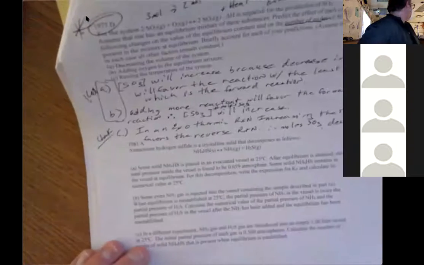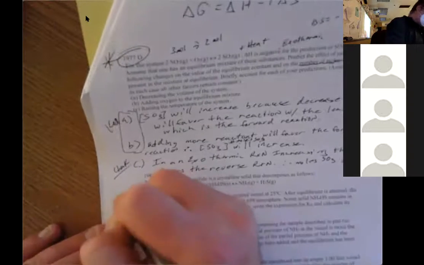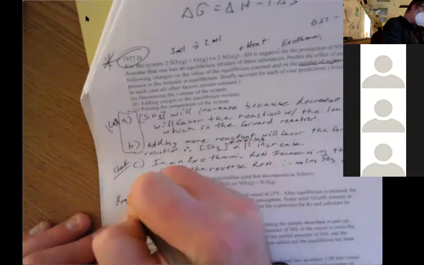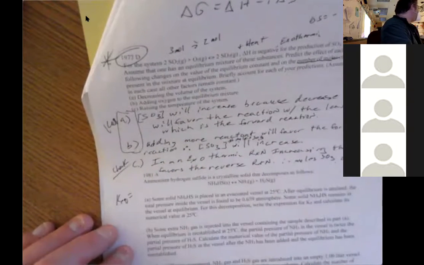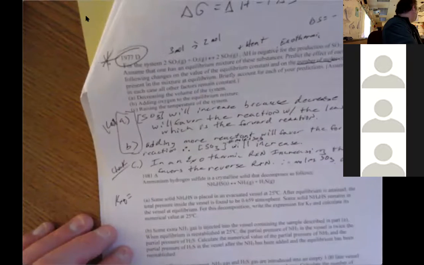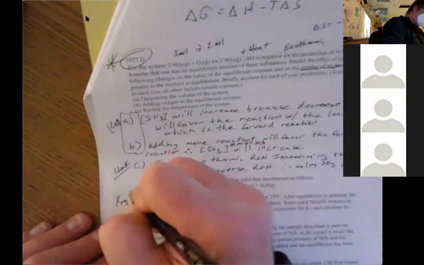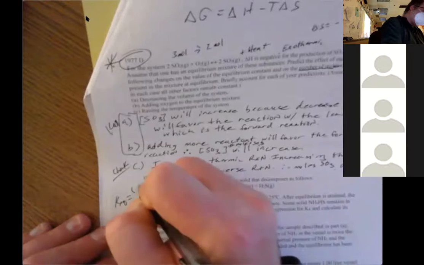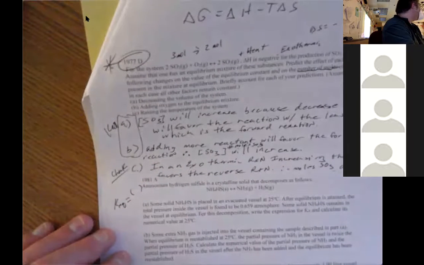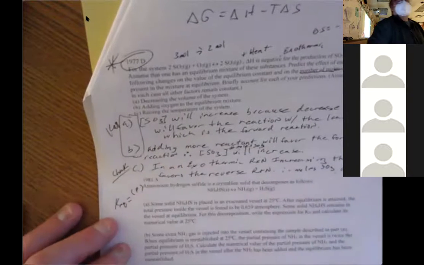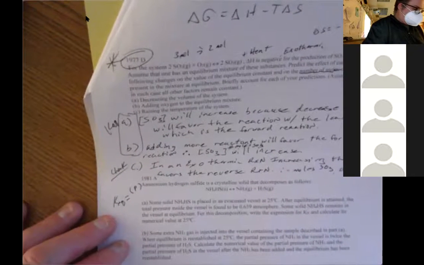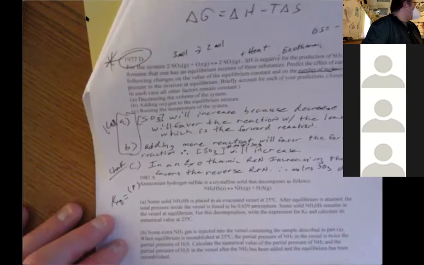This is one thing that we haven't dealt with very much, and that's using pressures with K. The key thing is that when you write your K sub EQ, and I know this seems silly to me too, instead of using brackets, because brackets in chemistry show concentration, when you use pressures you should use parentheses instead. Other than that, it's basically the same exact setup.